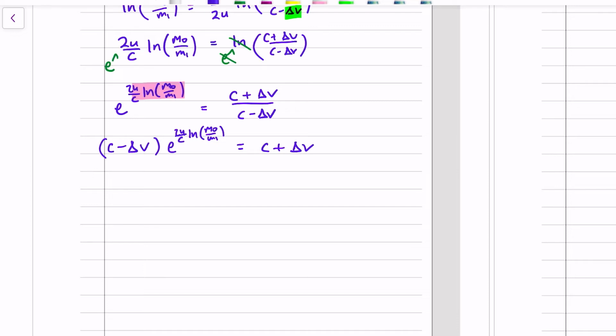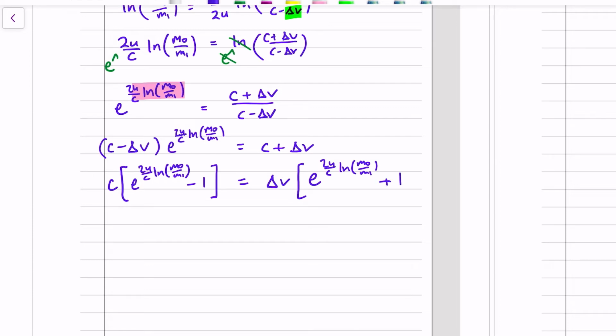So I'm going to have c times this stuff again, minus a 1 on the left-hand side, and delta v on the right-hand side is a common factor, 1 plus, I'll put the plus 1 last, e to the 2u over c ln m0 over m1 plus 1.